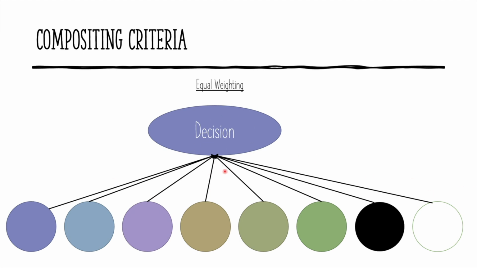For example, if I'm evaluating a student on whether or not they should be admitted into the program, I give GRE equal weight, I give GPA equal weight, I give their background equal weight, I give their letters of rec equal weight with one another, and so on and so forth.